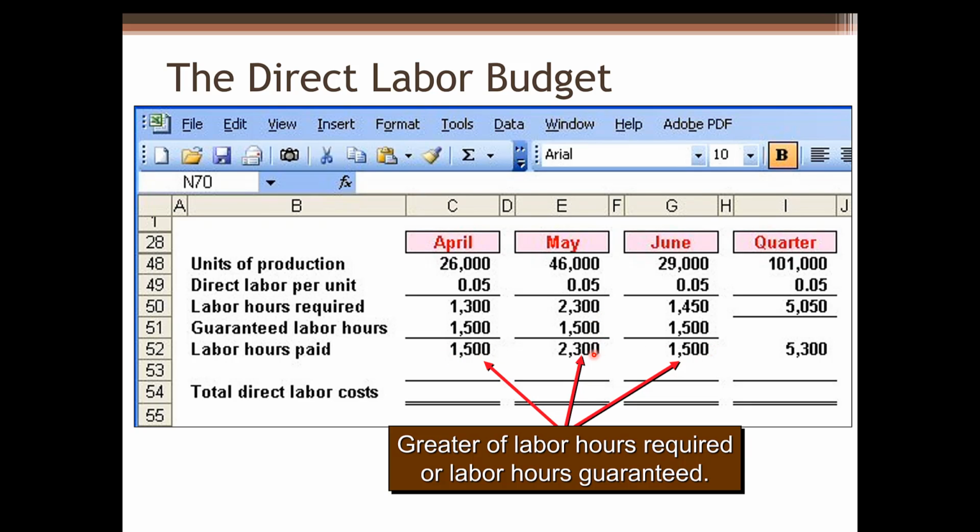If we take a look here, guaranteed labor hours, at least 1,500 hours. For April and June, labor hours paid should be 1,500 hours. And for May, because required labor hours are 2,300 hours, more than 1,500 hours, labor hours paid should be 2,300 hours. For the whole quarter, total labor hours paid should be 5,300 hours. For each labor hour, rate $10.